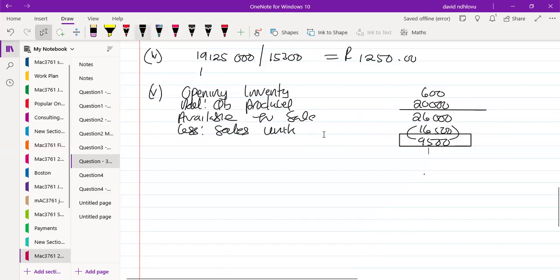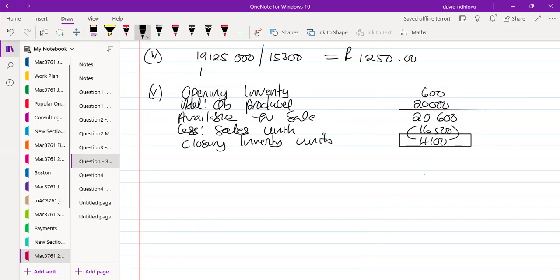No, that's not correct. Right, this is not 26,000. That's 20,600. So therefore, we have 20,000 plus 600 minus 16,500. We are sitting on 4.1 units. So these are closing inventory units. Right, so that's the first thing that you need.